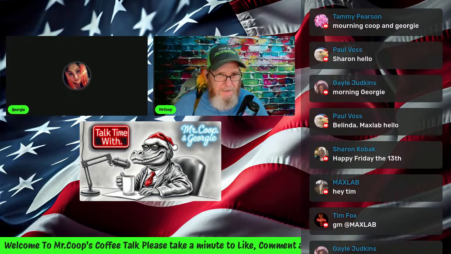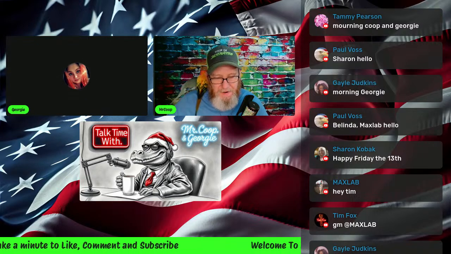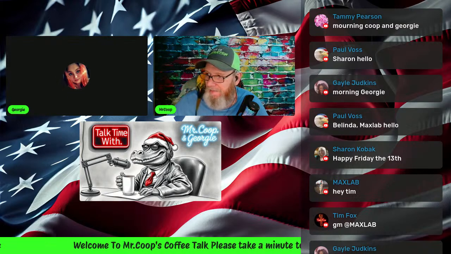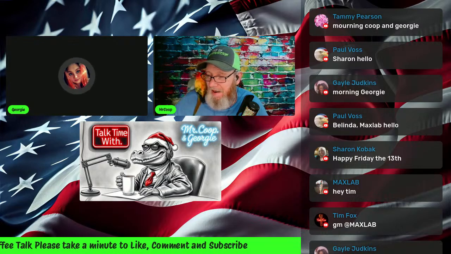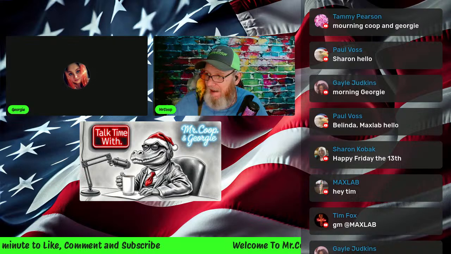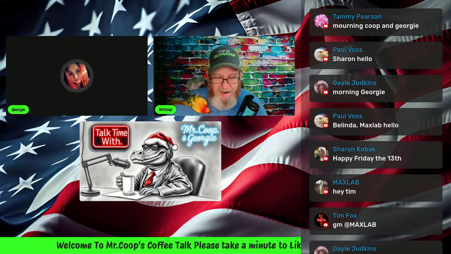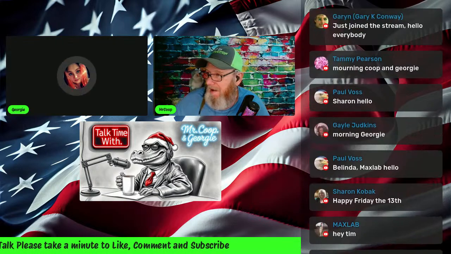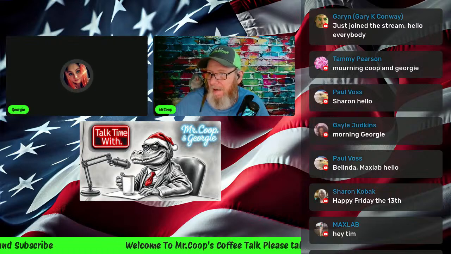If you're looking at it on the computer, your chat is to the right hand side. All the way at the very top it says live chat on the left, and on the right hand side it has your little three dots and an X to close it. You click on those three dots and it pulls down a window, and there's your community moderation right there.